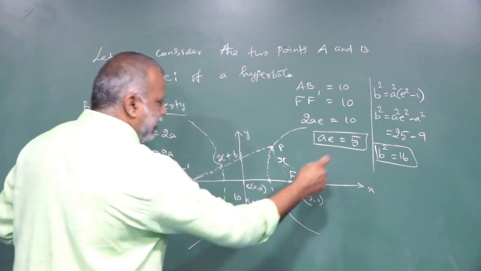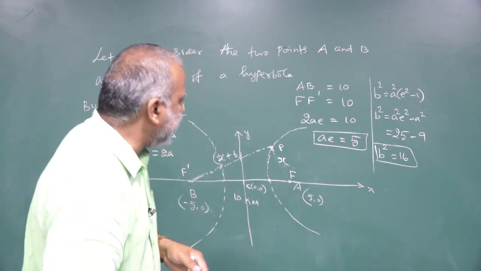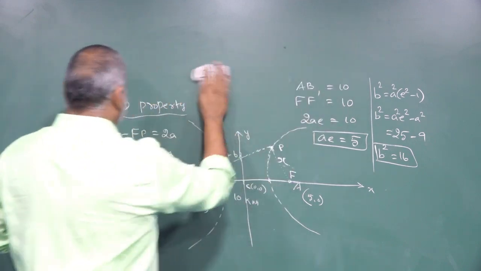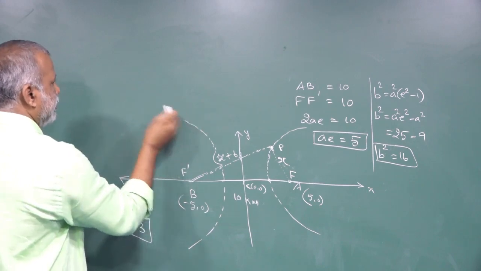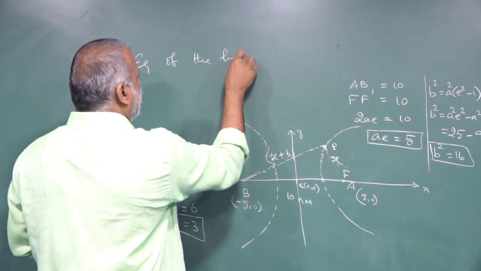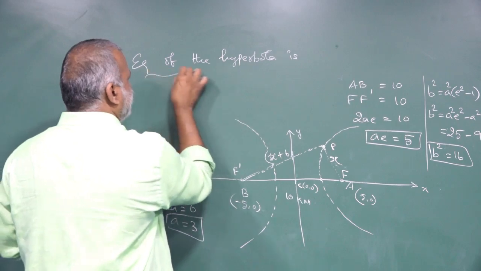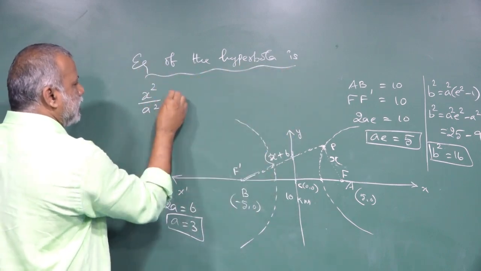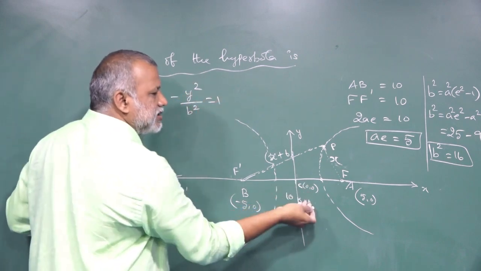Now listen, we have b squared and a squared. Therefore, the equation of the hyperbola is type number 1: x squared by a squared minus y squared by b squared equals 1, because the center is the origin.